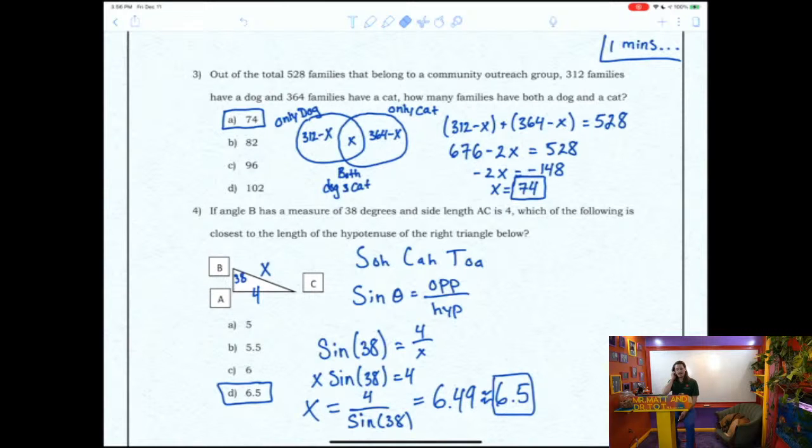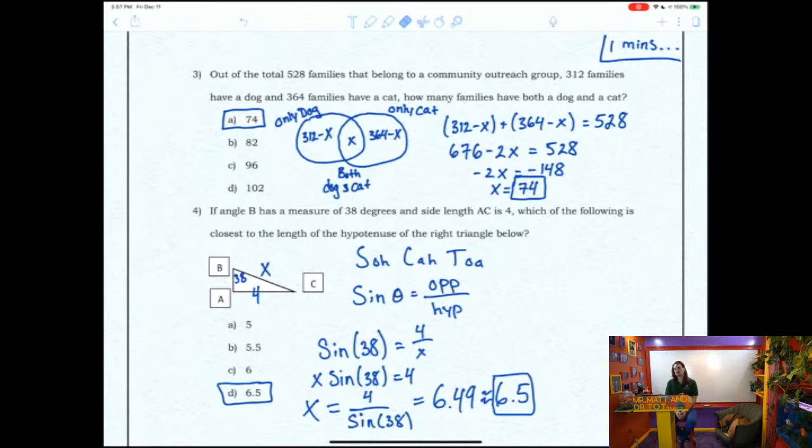So we have the angle measure of B, so we're thinking about everything from the perspective of angle B. From angle B, side length AC, which they told us is 4, is the opposite side length. Remember that it changes depending on from which angle you're looking.